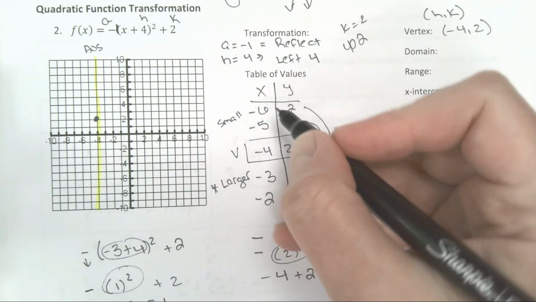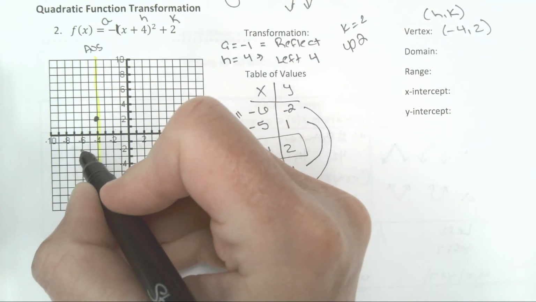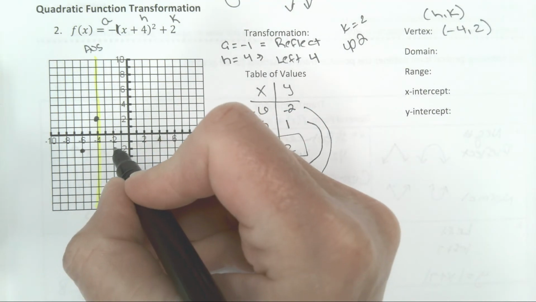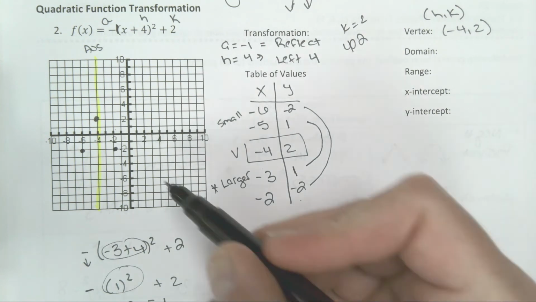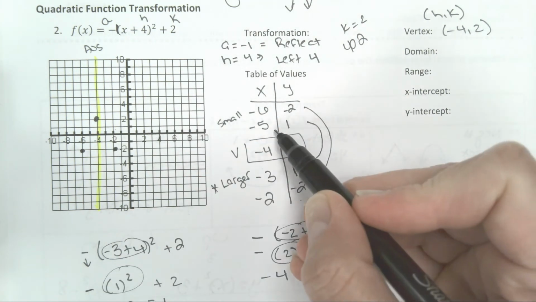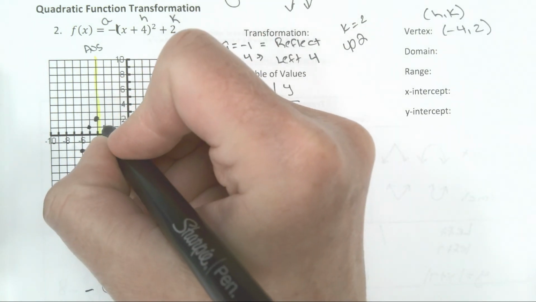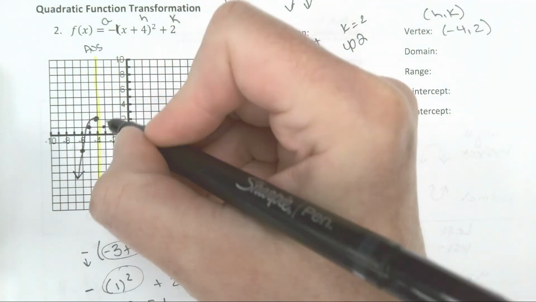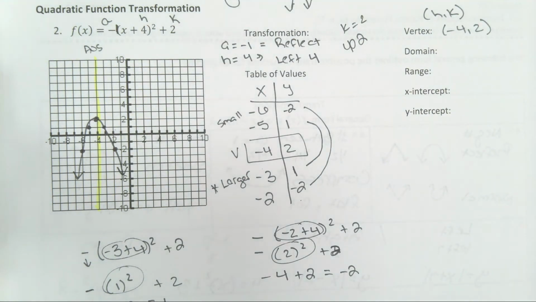So I have a point at negative 6, negative 2. So if this is 2 points to the left, I would have its mirror point 2 to the right, which corresponds to negative 2, negative 2. And then you have negative 5, 1. And then I would reflect it over that yellow line, which is called the axis of symmetry. And then finish sketching it, and that's what it would look like.